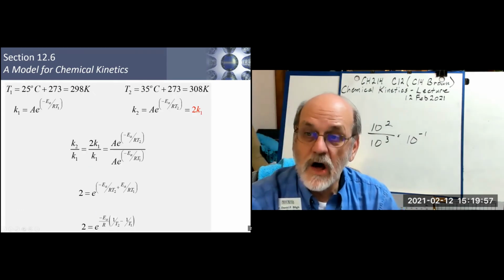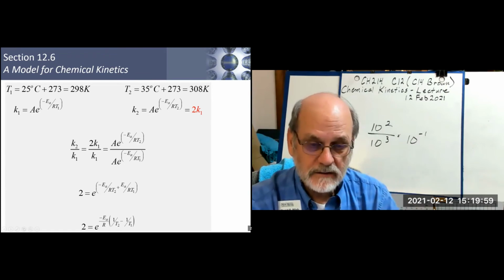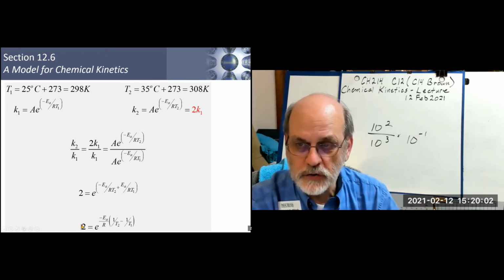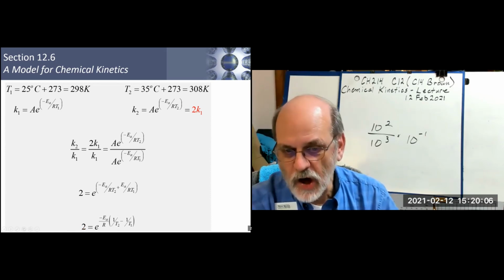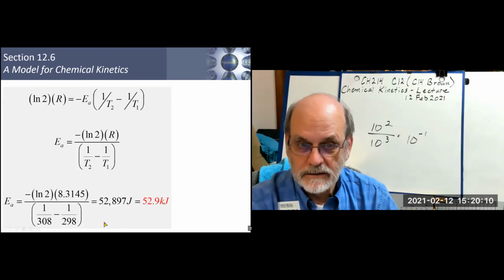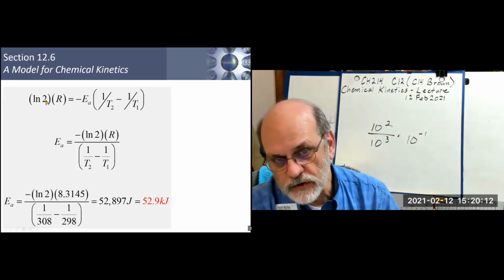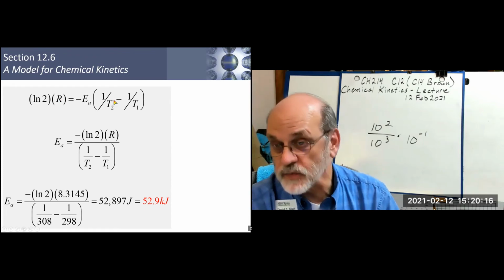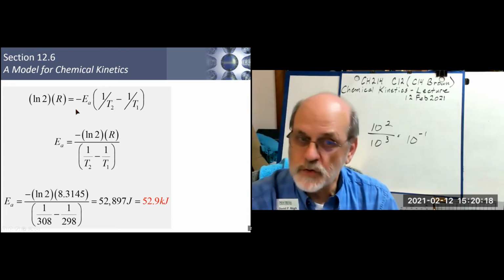We just take the natural log of both sides. So now we have the ln of 2, and the log base e of e to a power is just the power. So that's why the ln of 2 is this one divided by that one times this one. And now we just move that R over here.